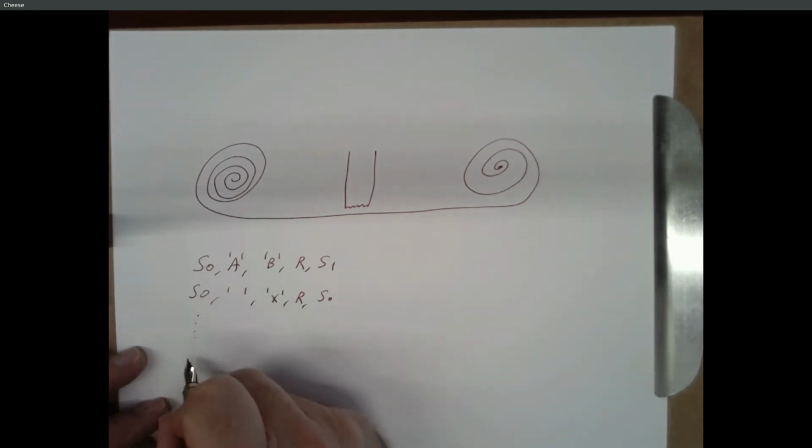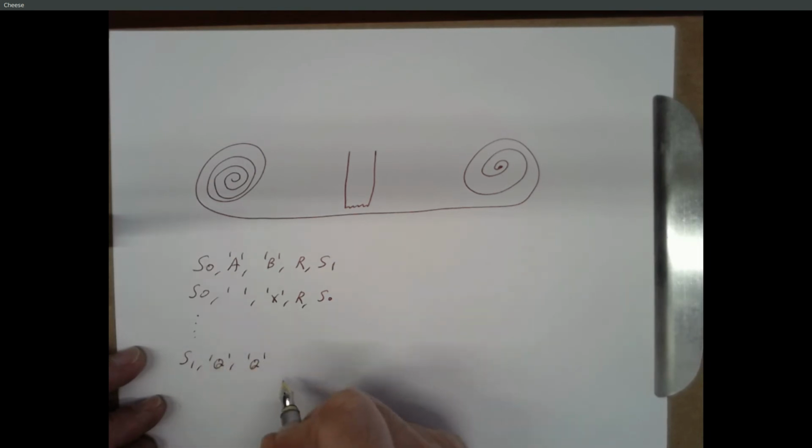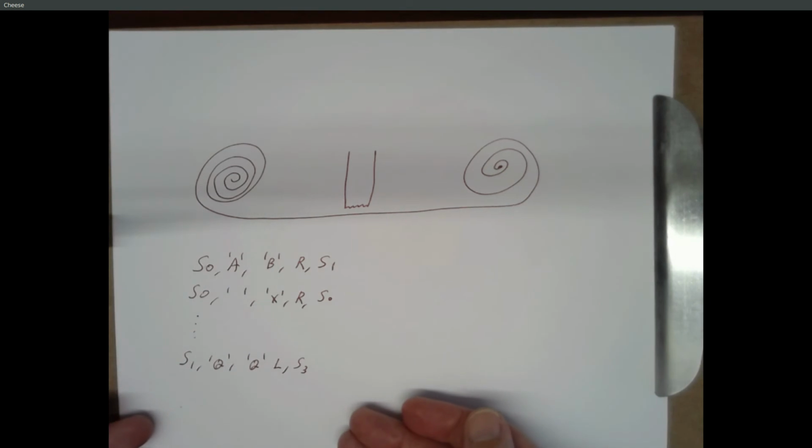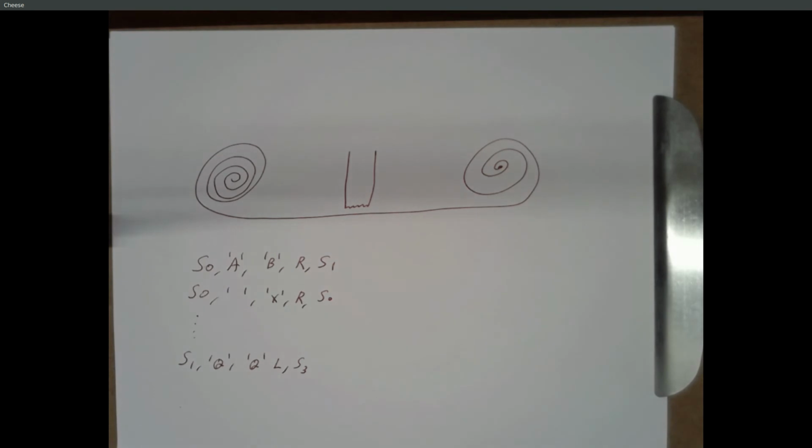And so on. And if you're in state S1 and there's a Q, then I want to write a Q back there, and I want to move the tape left, and I want to go to state 3. Your whole program is just this collection of state transitions. You got like hundreds or thousands of these things, but it's just another way of writing a state machine description.